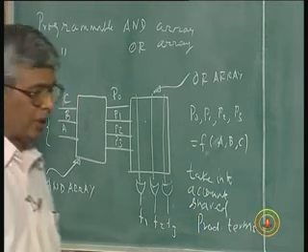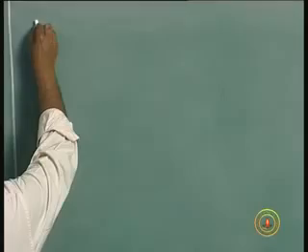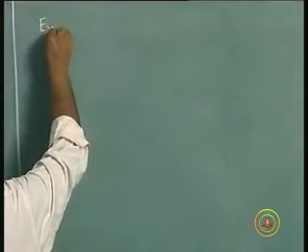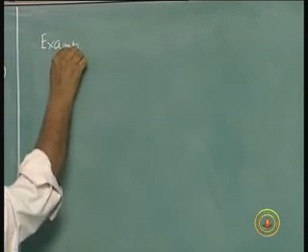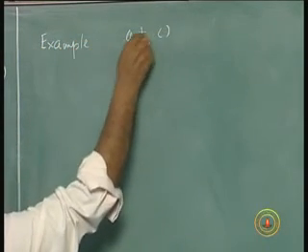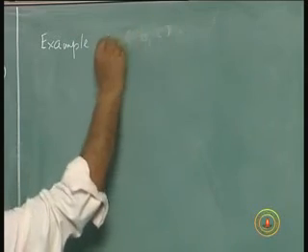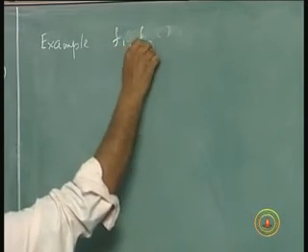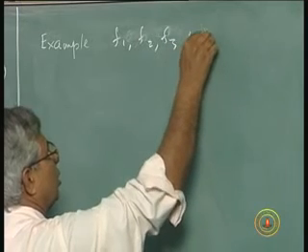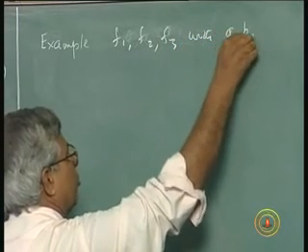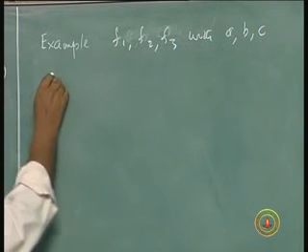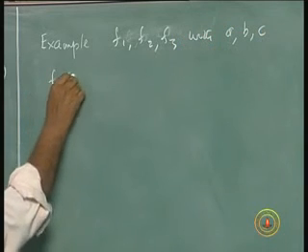So let us do a simple example of 3 variables. I have 3 variables A, B, C. So I will have 3 functions F1, F2, F3 to be implemented with 3 variables A, B, C. Let us say my truth tables are given as follows.